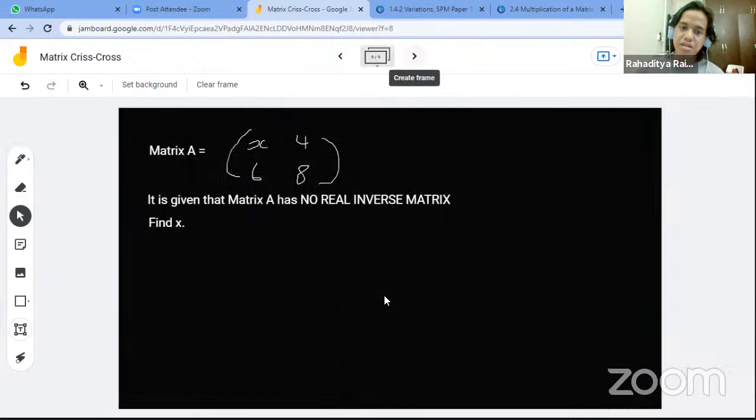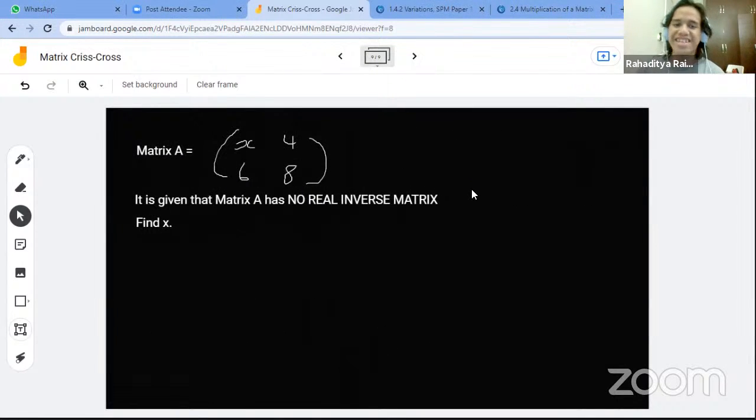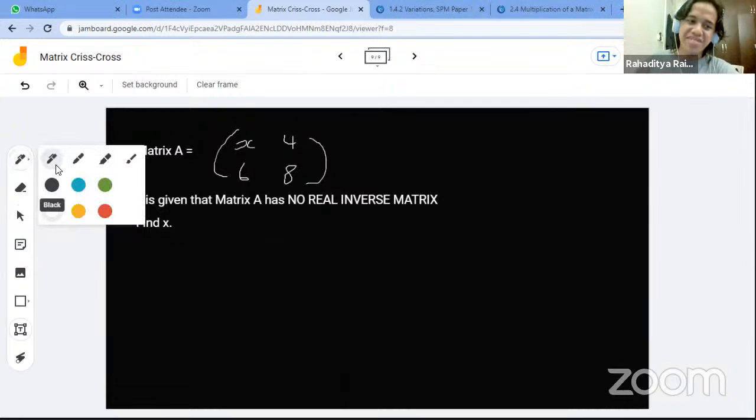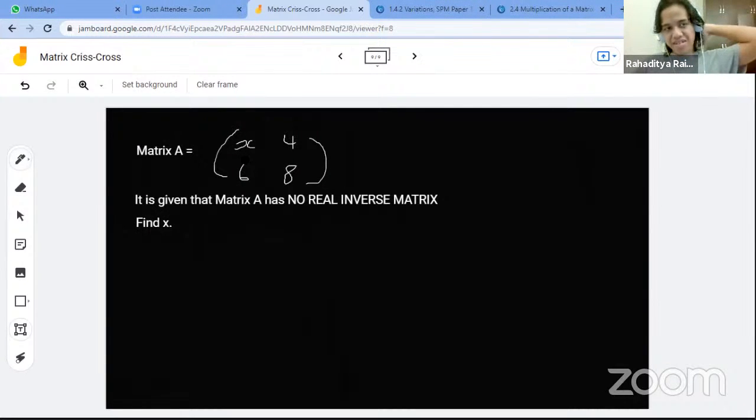Anyone? No idea. Yeah, the same thing for me. I had to check the answers to find the real way to do it last year when I was studying for SPM. I was going through matrix to study for SPM, and I found this question.